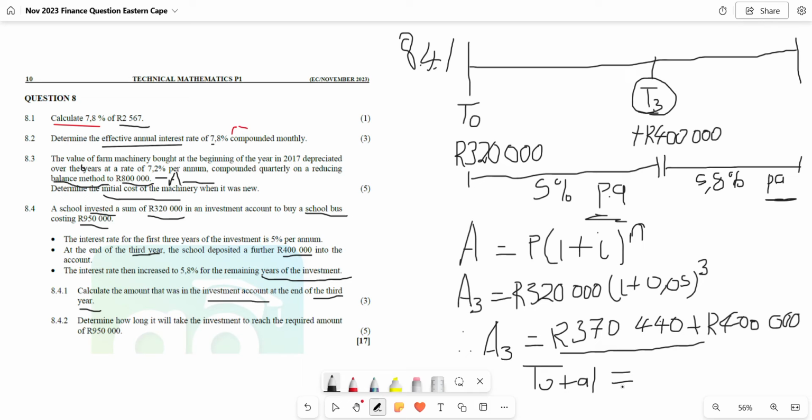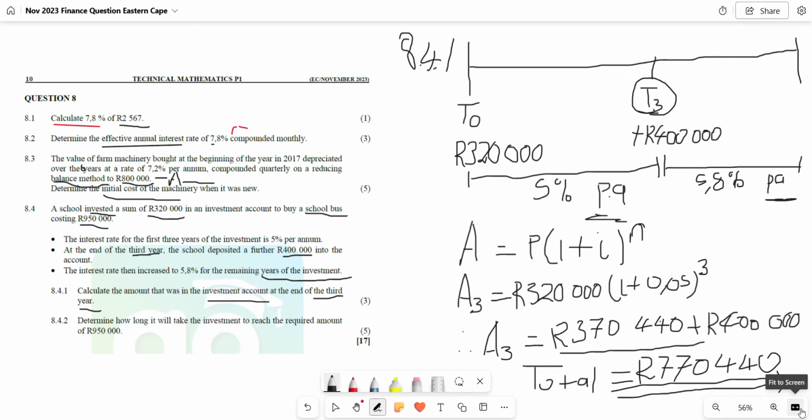Then the answer plus 400,000 rands gives us an amount equivalent to 770,440 rands. This is the amount that will be there at the end of the 3-year period.